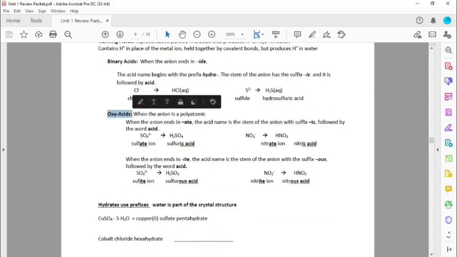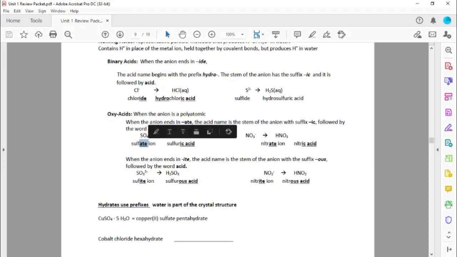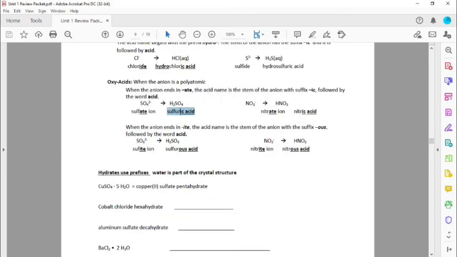The oxyacids are where people's brains start exploding a little bit because we've got different types of polyatomics, but it's just based on the polyatomic's name. If that name ends in ate, then that ate ending is just going to change to ic acid. So if there's sulfate, this SO4 ion, in our acid H2SO4, then that's sulfuric acid.